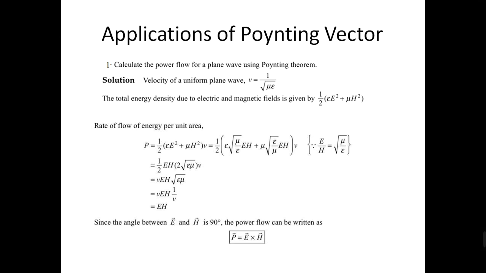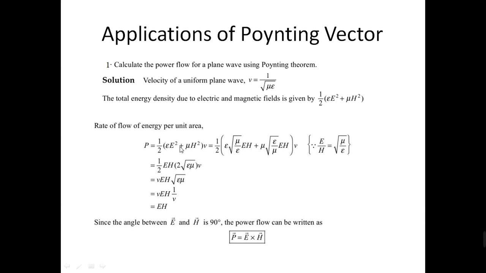Now this expression can be rewritten like this, that is, epsilon into root of mu by epsilon, E into H. This expression is obtained from the relation between electric field and magnetic field. Here I am assuming that the uniform plane wave is propagating through a free space medium. Then the intrinsic impedance of a lossless medium is given as root of mu by epsilon.